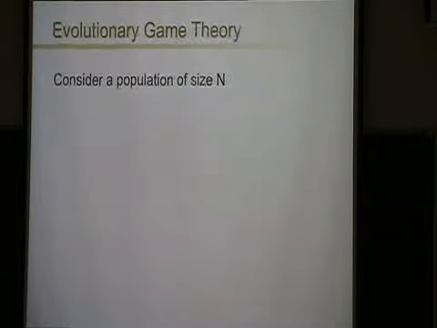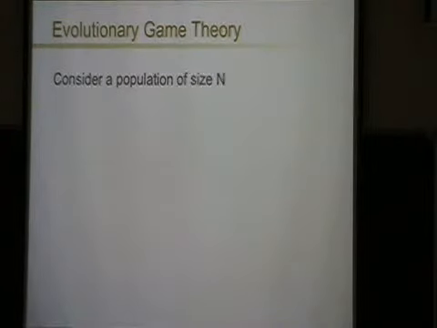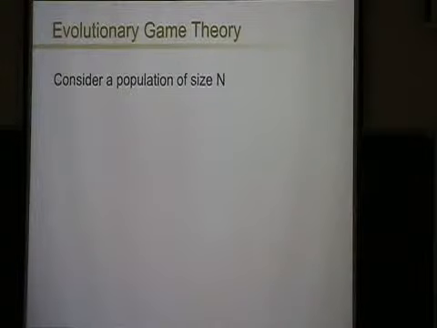Okay. So evolutionary game theory is a bit different. The way we talked about this was in terms of being rational and making certain decisions based on the complete knowledge of the game. This is not true, even in society, but it's especially not true for a biological setting.